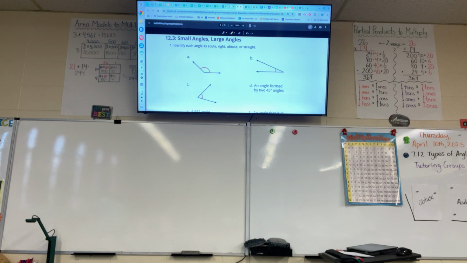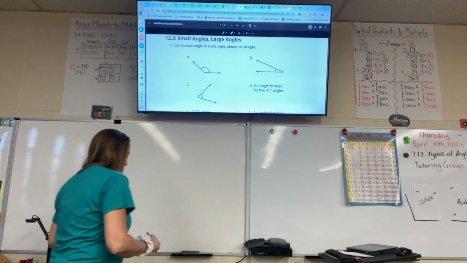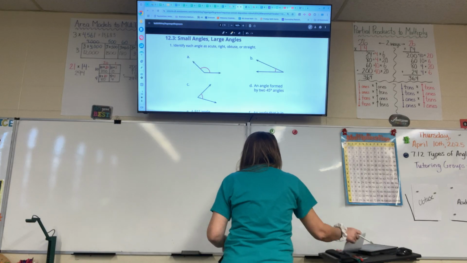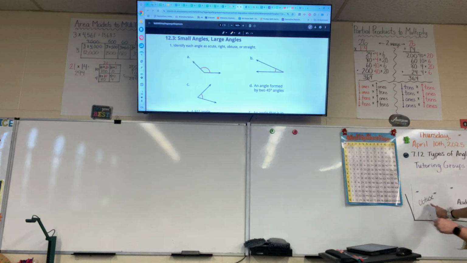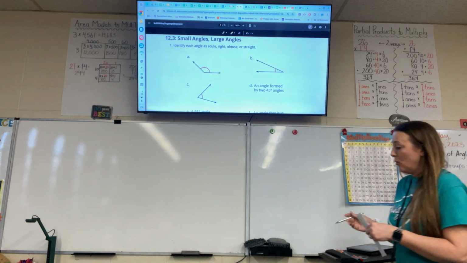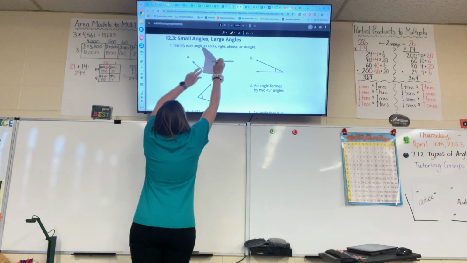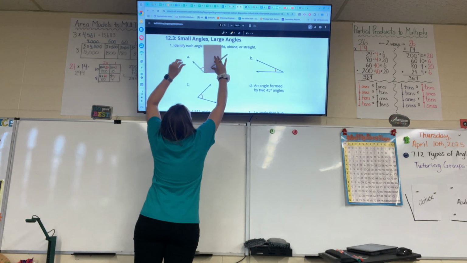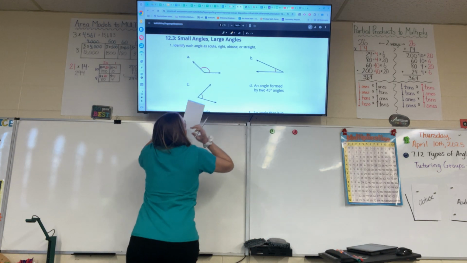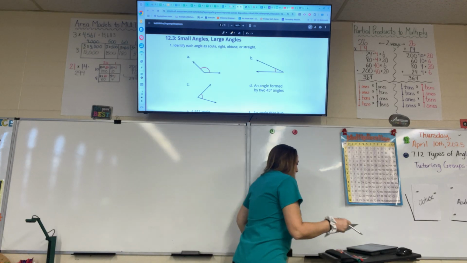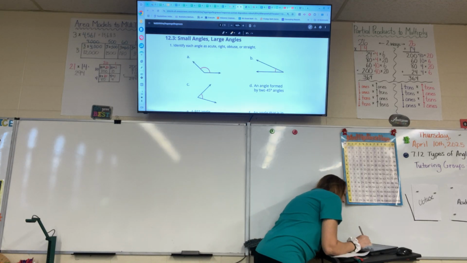That means it's big and obtuse. So no point for that one. It is an obtuse angle, and remember, with obtuse you can see the whole thing. If I line that up, you can see both sides. So for A, we're going to write down the word obtuse.